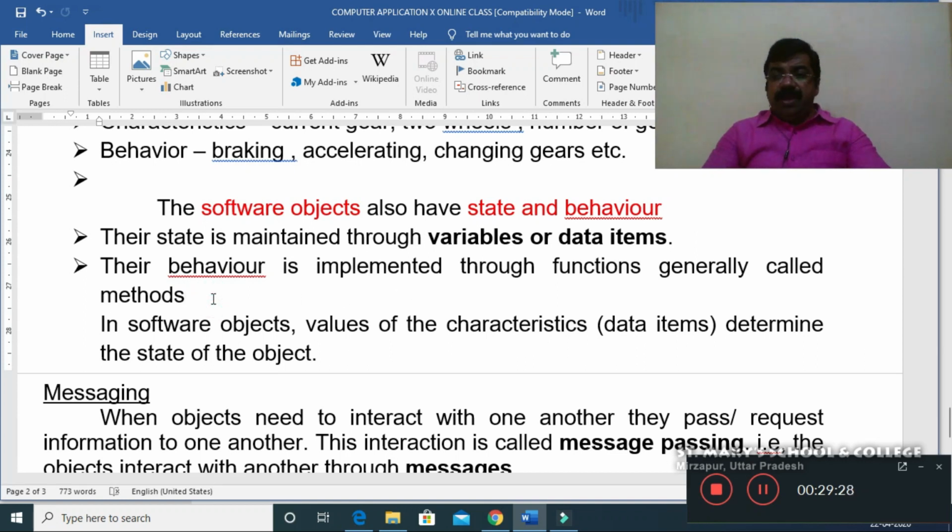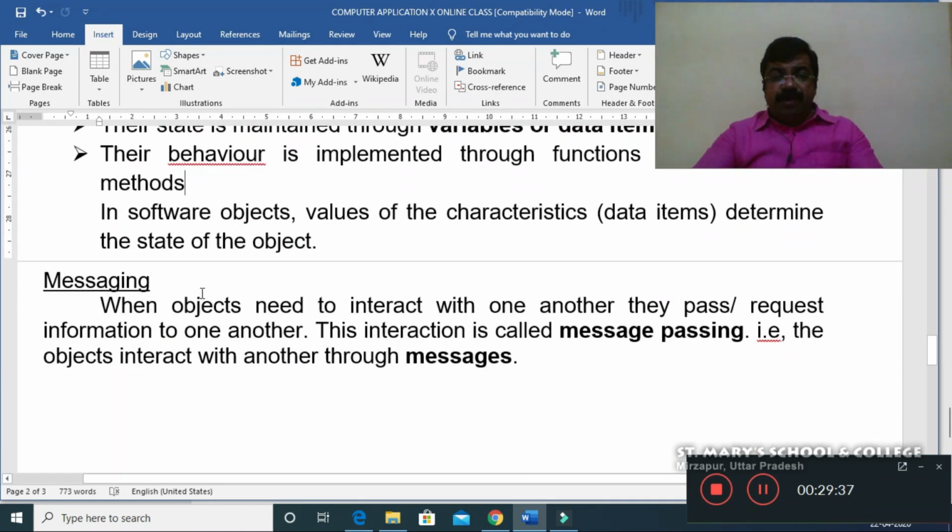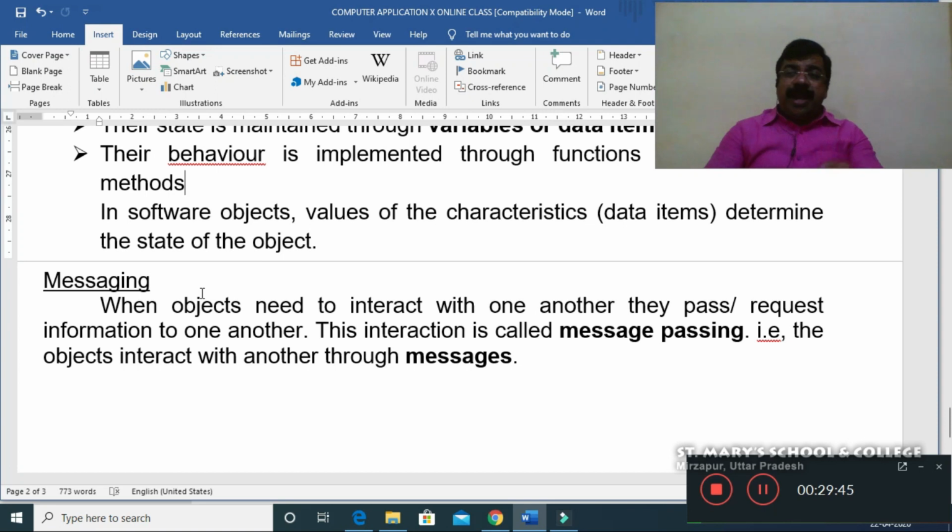Before we end this first chapter, one more point I would like to remind you, that is messaging. We are about 50-60 students in the class during this lockdown season. If you want to interact with each other, what will you do? We will send messages to our friends.